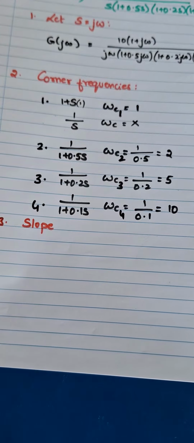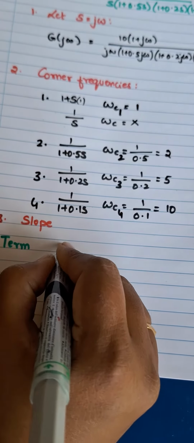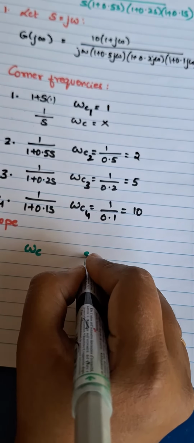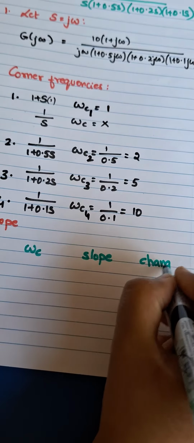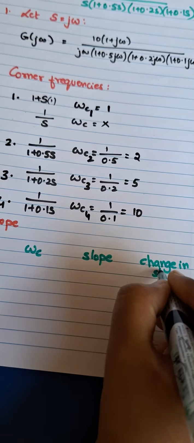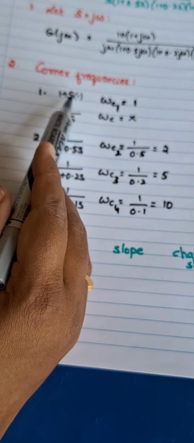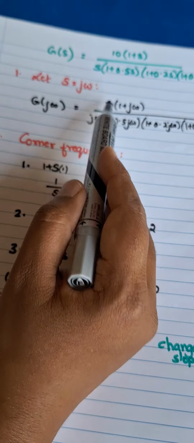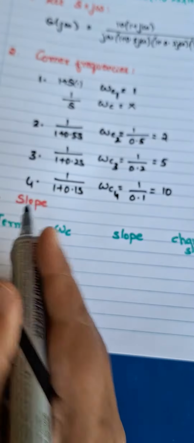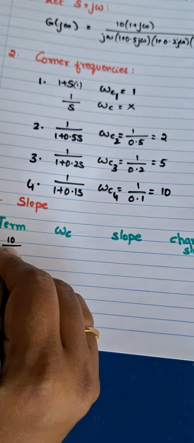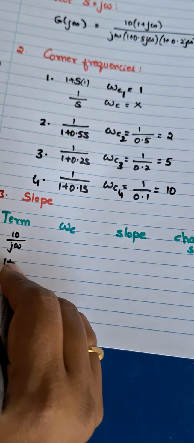To find the change in slope, first I should take the terms I have, then check the corner frequencies, then state the original slope, and then state the change in slope. So first, what are our terms? First I have 10 by j omega, which does not have any corner frequency. Then omega c1 is 1 plus s.